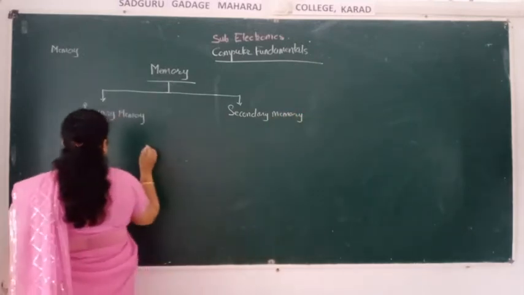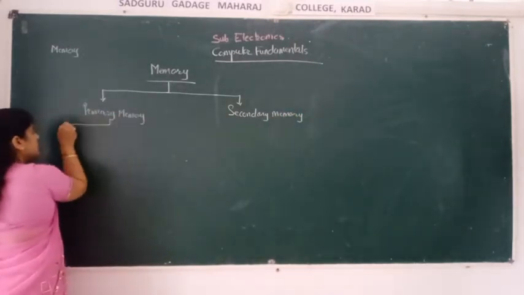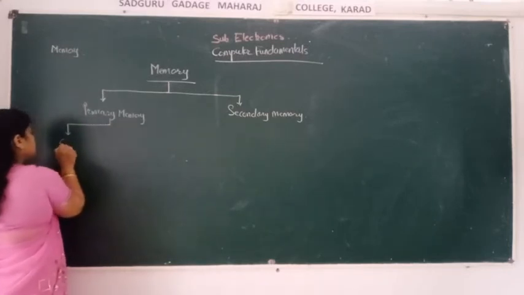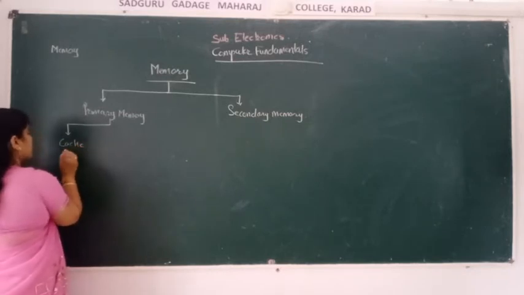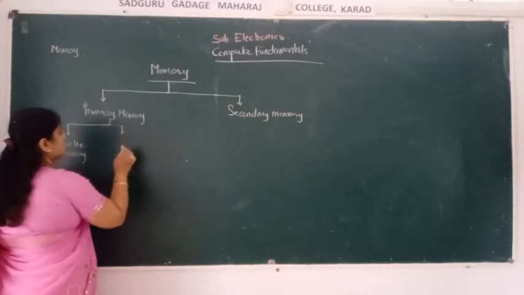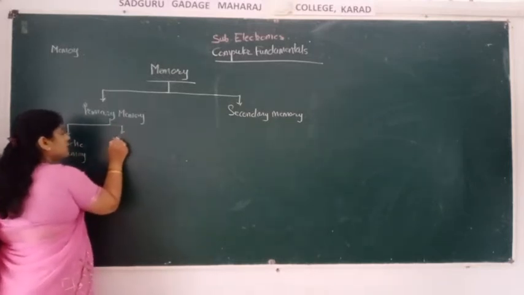Each computer has primary memory and secondary memory, and this primary memory is again divided into cache memory. Next is magnetic core memory.